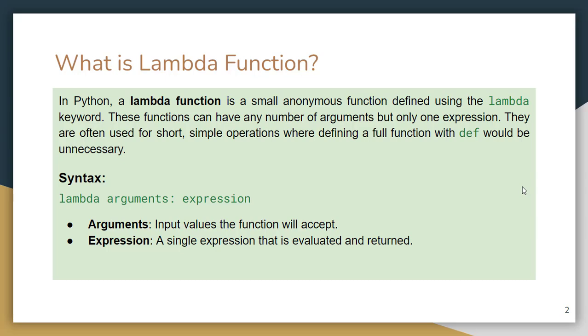Arguments means input values the function will accept, whatever you send as parameter or argument. Expression means a single line calculation, a single line expression that is evaluated and returns something.